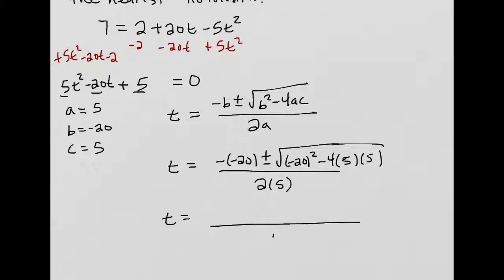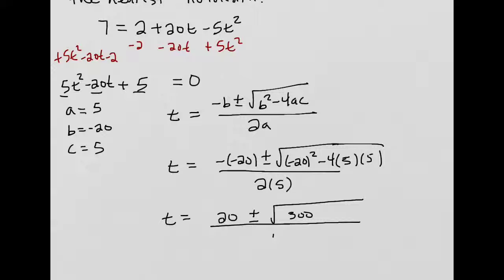Okay, so if we just start simplifying, opposite of negative 20 is positive 20, plus or minus, if we simplify what's under the square root, negative 20 squared is 400. Negative 4 times 5 is negative 20, times 5 is negative 100. So underneath the square root, we're left with 400 minus 100 is 300.